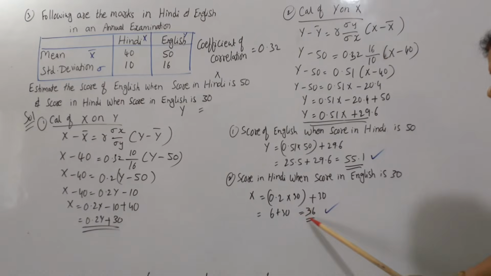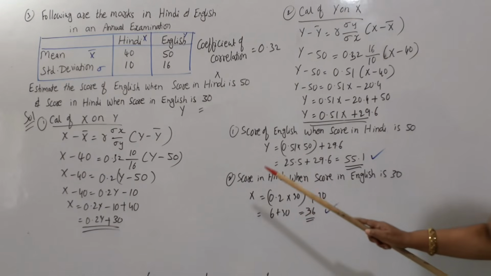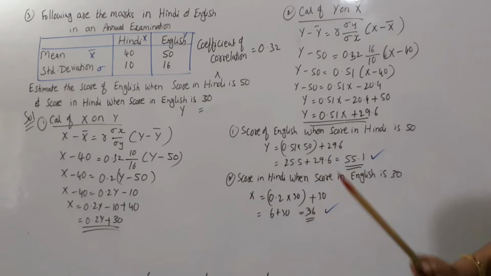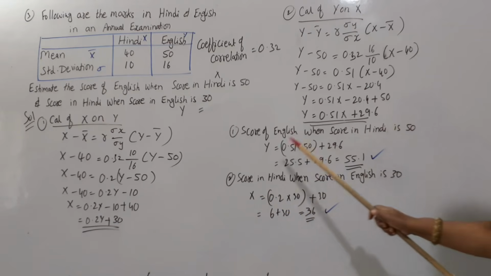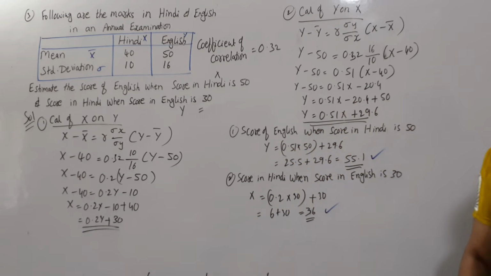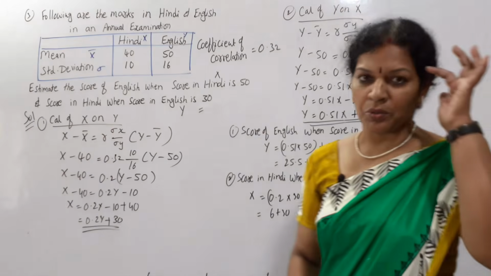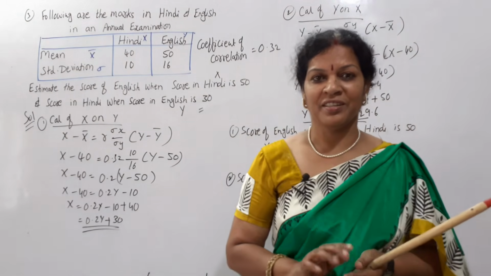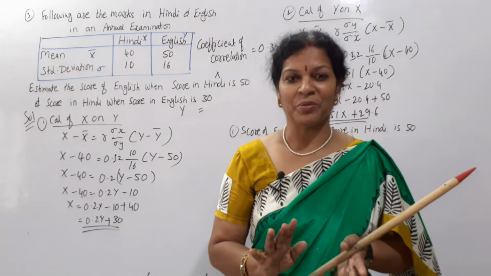If you calculate it, we are getting 36. When y value is 30, x value will be 36. When x value is 50, y value will be 55.1. That's all. Simple problem, but you have to use the logic. Am I clear? With this, the regression chapter is finished.